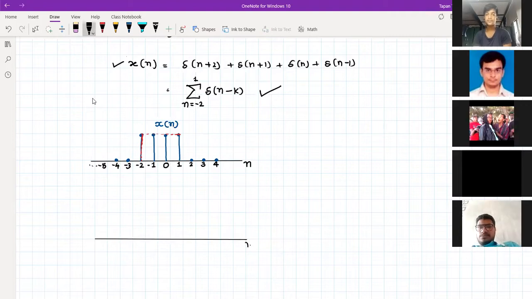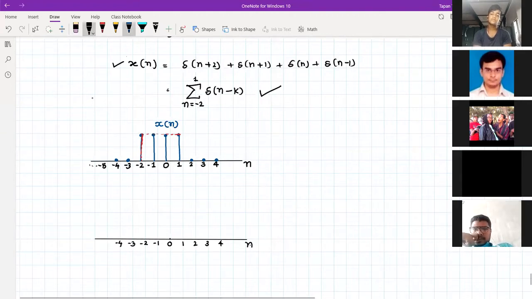So here we have n. Of course, we have 0, 1, 2, 3, 4, and -1, -2, -3, -4. Now it starts at -2.